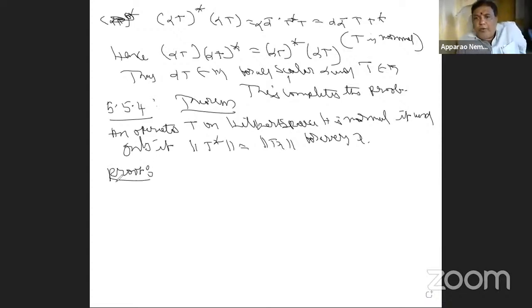What is given? An operator T on Hilbert space H is normal if and only if norm T star X equals norm of T X for every X.